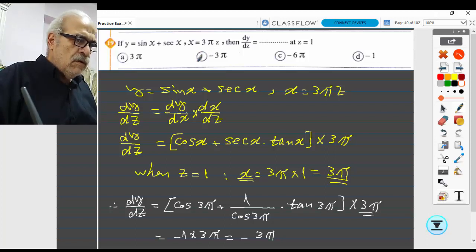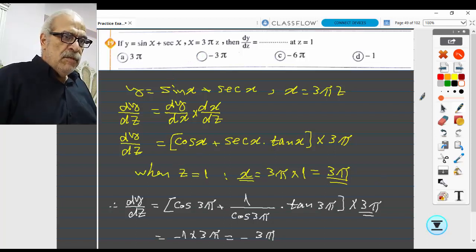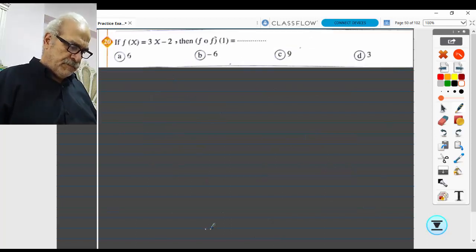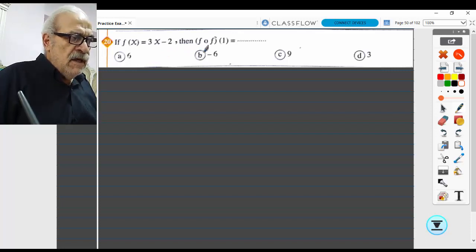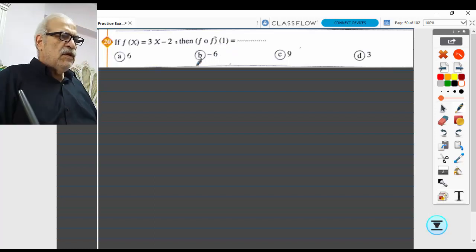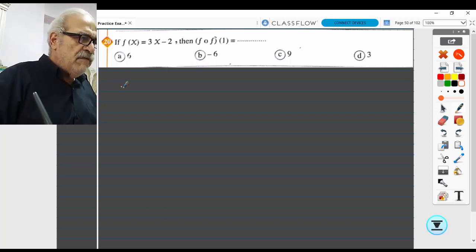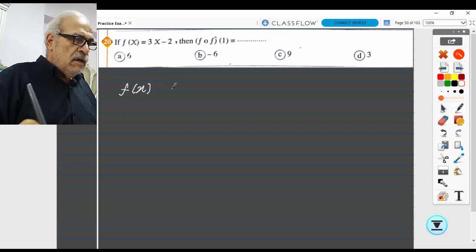Okay, question number 20. Here we have f of x equal to 3x minus 2, then f circle f dash of 1 equals. Okay, now we have f of x equals 3x minus 2.